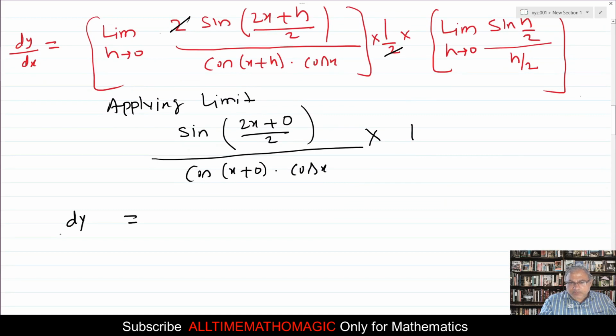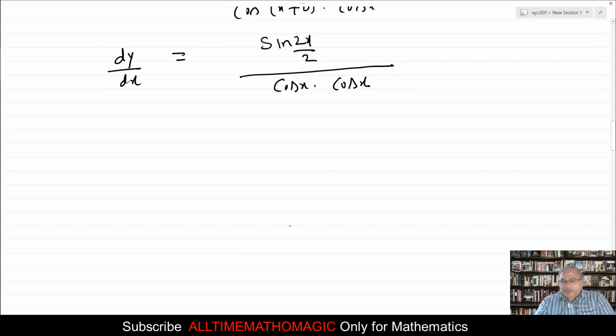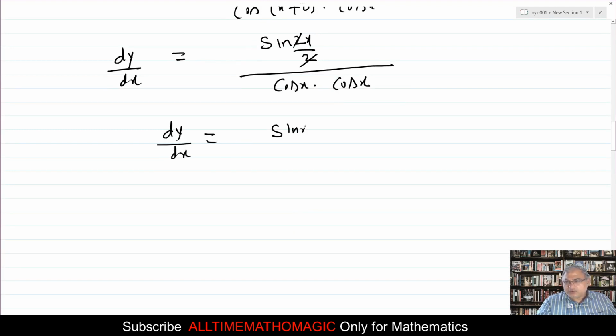So dy by dx equals sin 2x upon 2 upon cos x into cos x. Here these 2 and 2 get cancelled, therefore dy by dx equals sin x upon cos x.